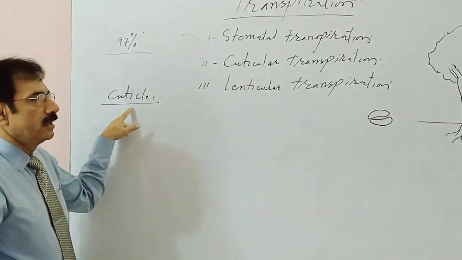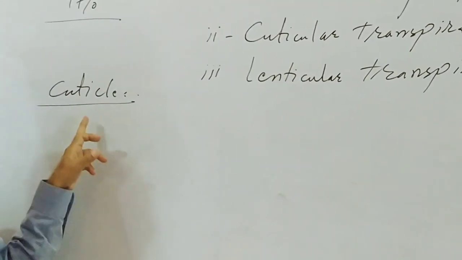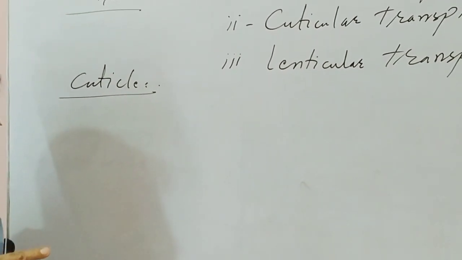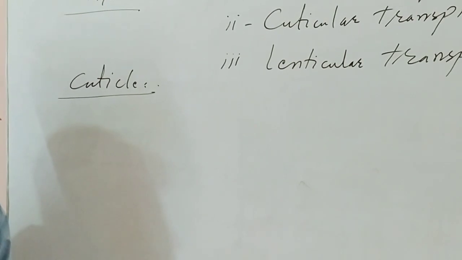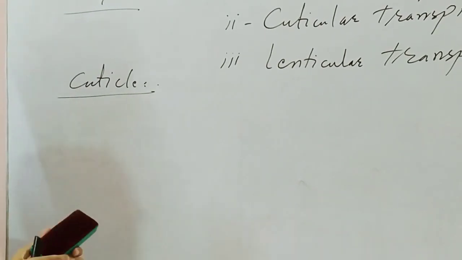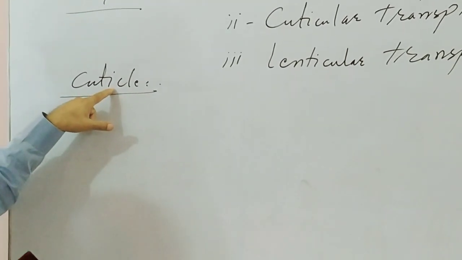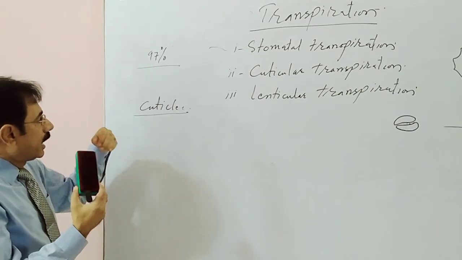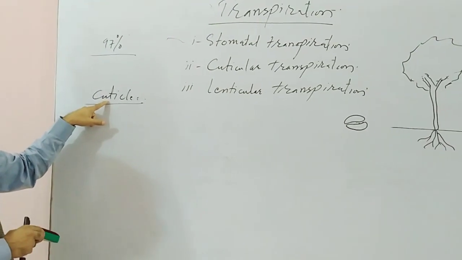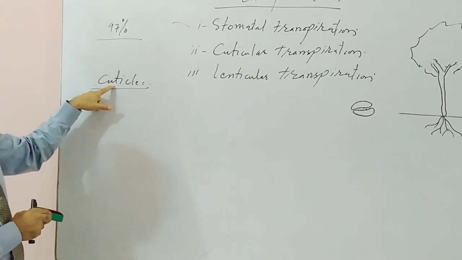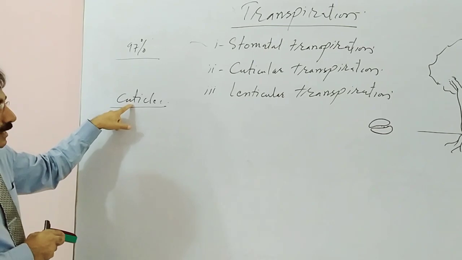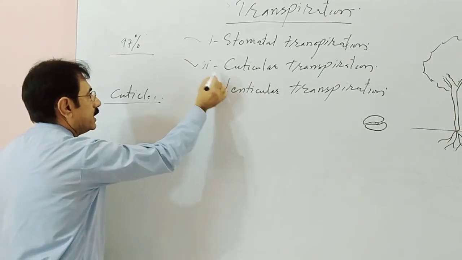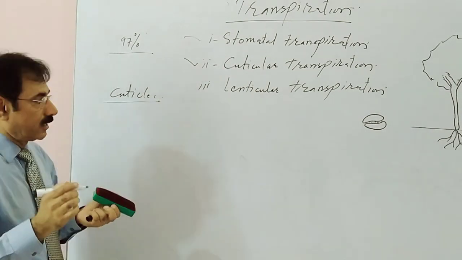This waxy layer prevents the loss of water, but due to the higher vapor pressure inside the plant body, some molecules of water leave and pass through this layer, the cuticle. So the loss of water in vapor form through the cuticle is called cuticular transpiration.